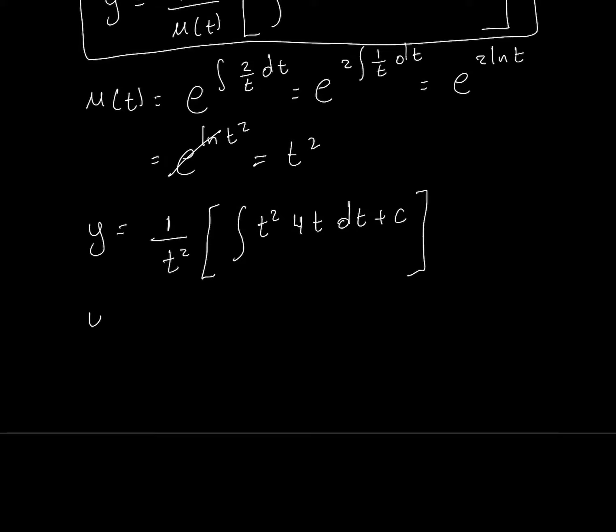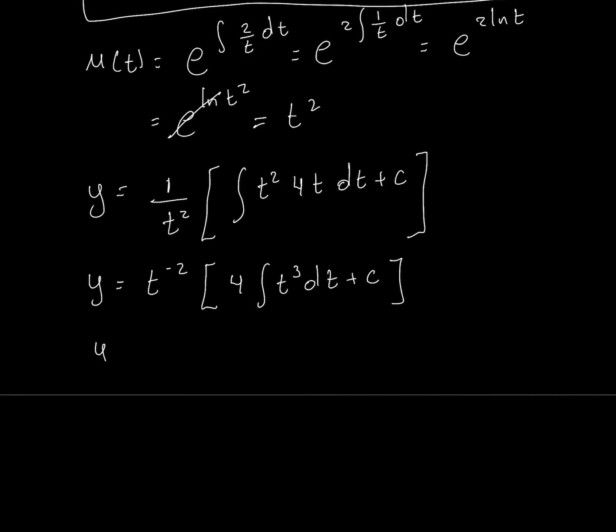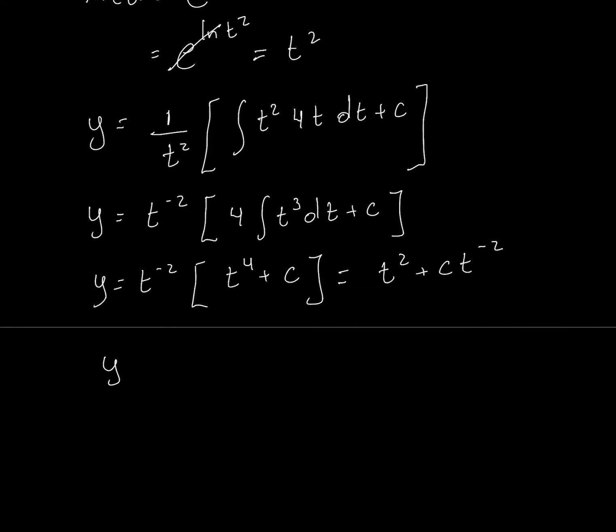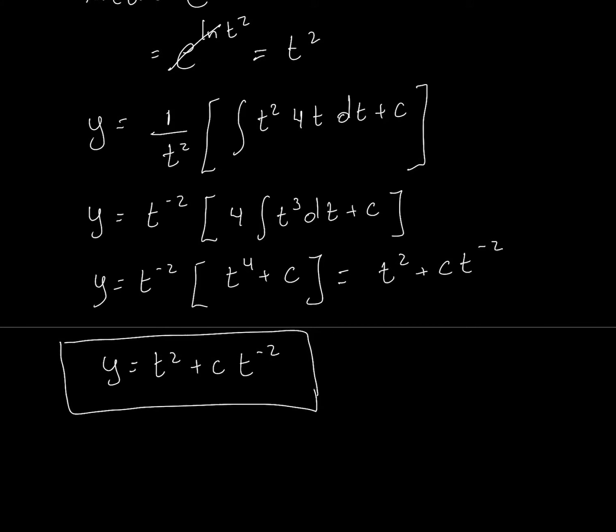So y equals t to the negative 2 times the integral of 4t cubed dt plus c. If we solve that, we get t to the negative 2 times t to the 4 plus c, and solving that, we get t squared plus c t to the negative 2. So y is equal to t squared plus c t to the negative 2, and here we get the solution of the problem that we were looking for.